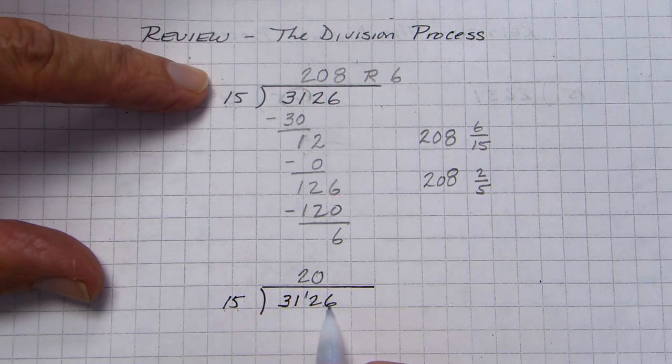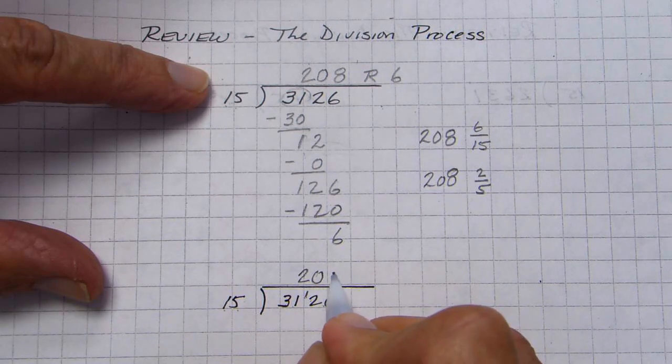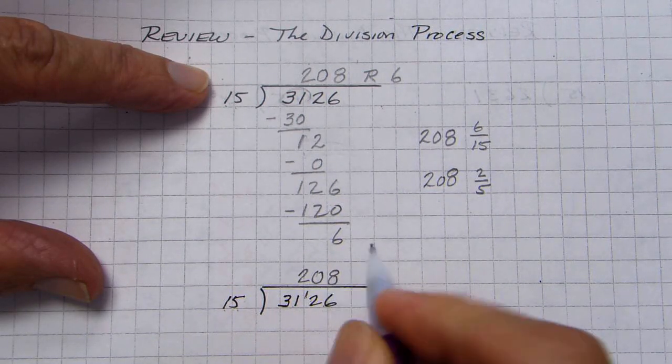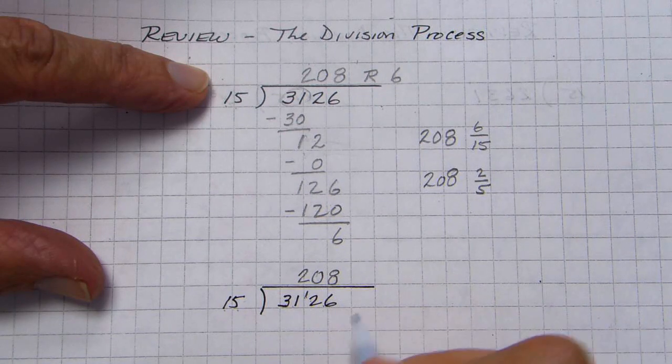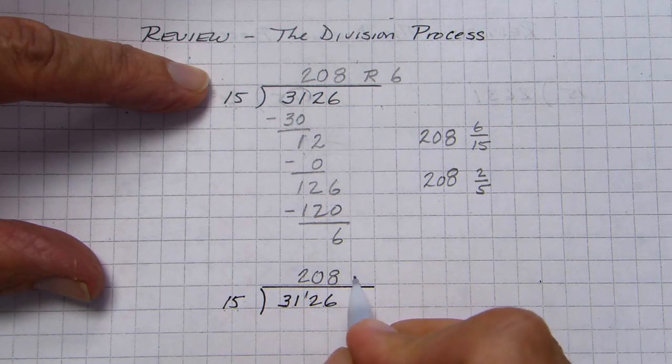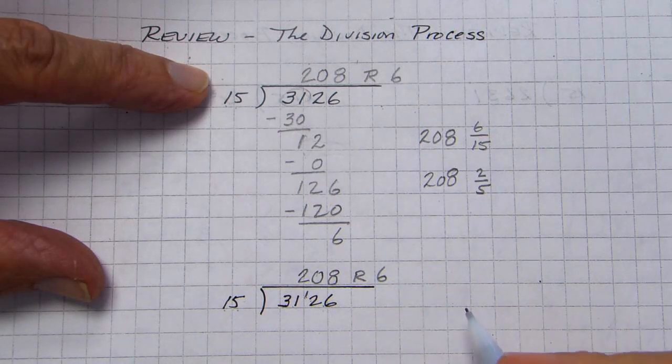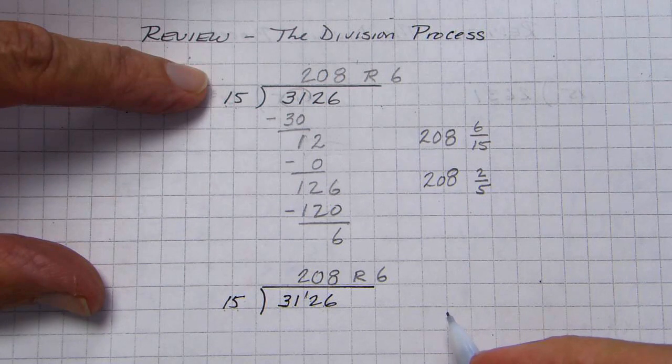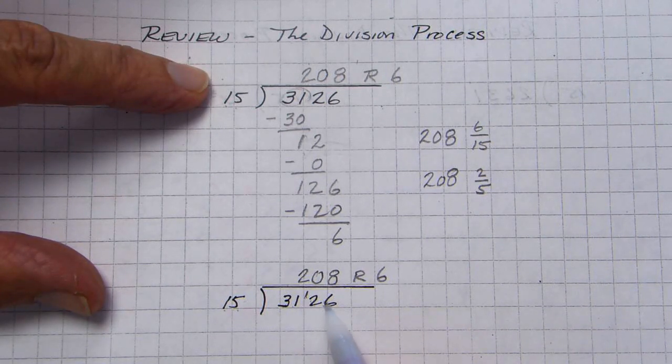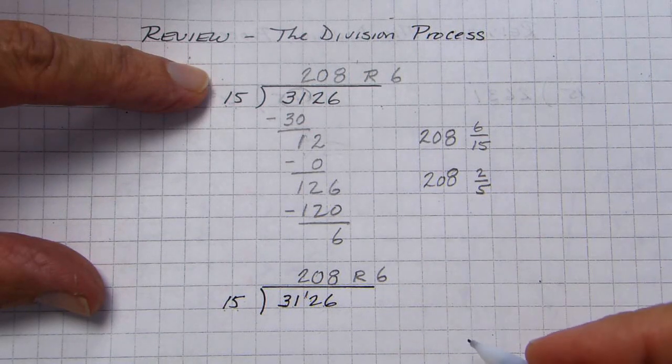And then I think 126, and 15 goes into 126 8 times, and that's 120, taken off of 126, and once again I get my remainder of 6. So it's really the same idea, except now you're carrying remainders in your head and jotting them down up along here. And this, of course, would be the same answers we have up above.